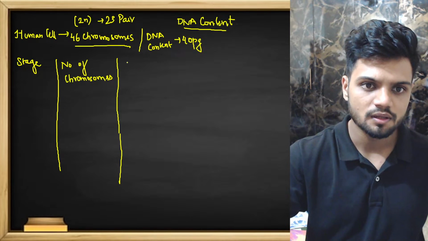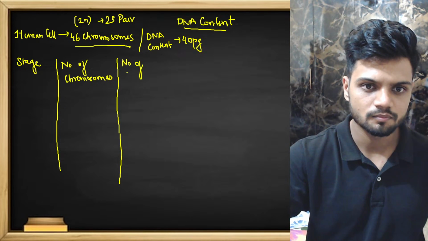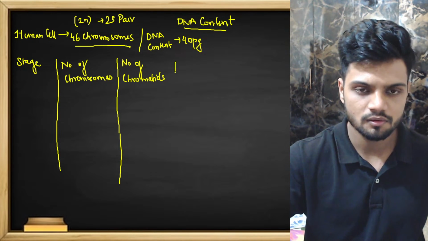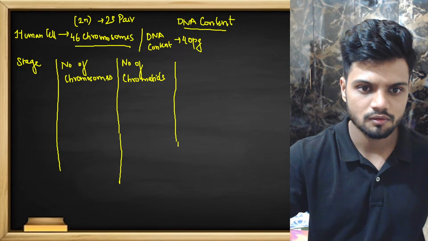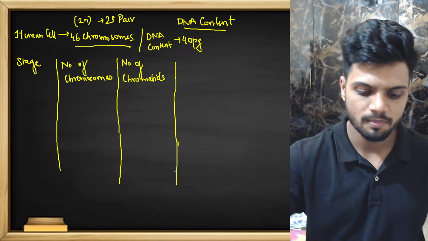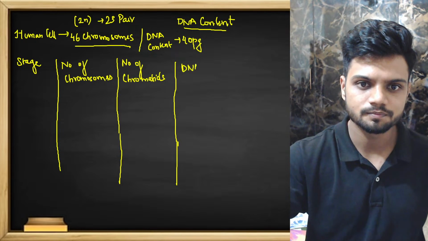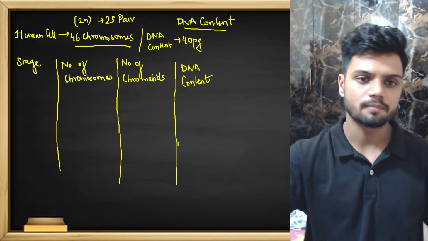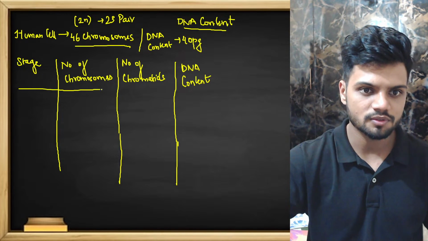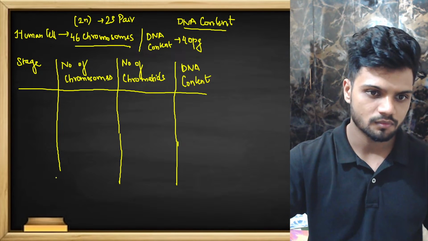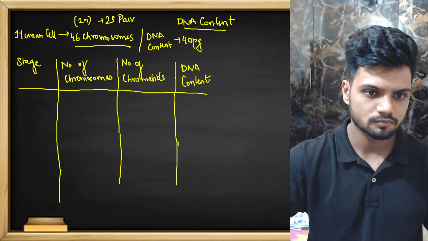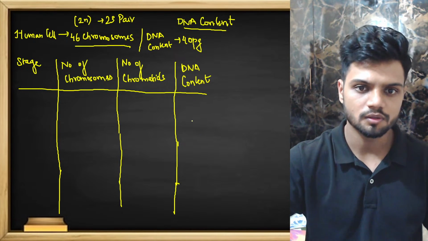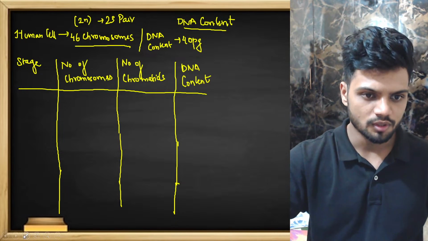Then we have the number of chromatids. And finally we have the DNA content. Okay. First write down this much. Done. DNA content is here. Now let's start with the first one.